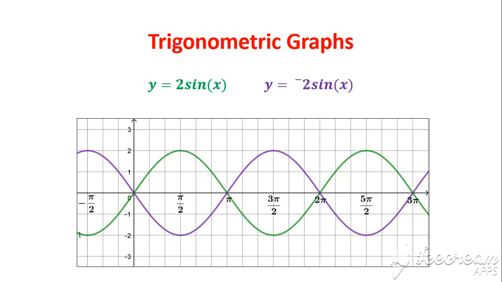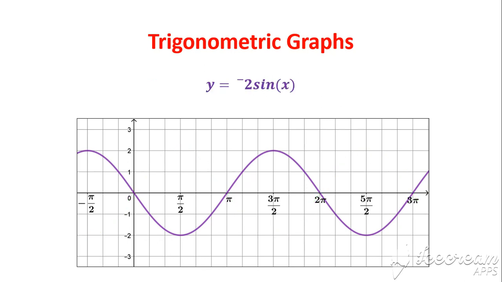What it's done is it's flipped the graph upside down. Can you see that the purple graph is a reflection of the green graph? So the negative has made the graph a mirror image or reflection. So please be mindful when you see a negative, it reflects the graph. So the amplitude of -2 sine x is still 2.